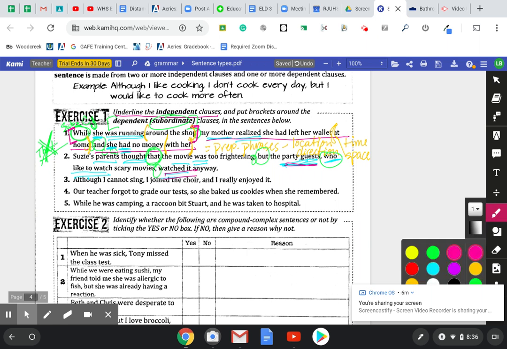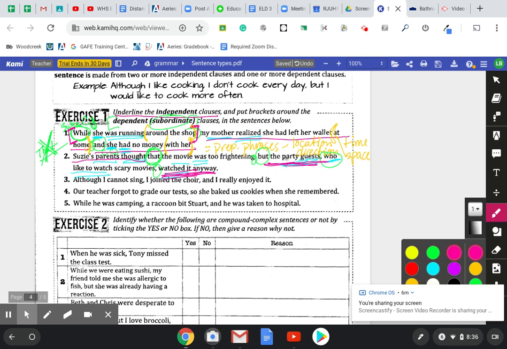So now let's go through and identify, are they independent or dependent? Susie's parents thought. Independent, right? Susie's parents thought that the movie was too frightening. The movie was too frightening. But party guests who like to watch scary movies watched it anyway. So the party guests watched it anyways.